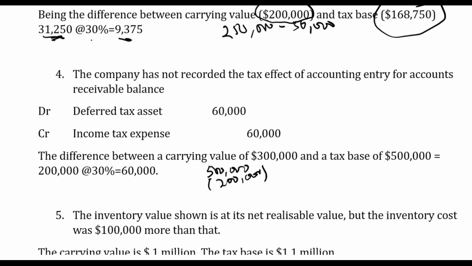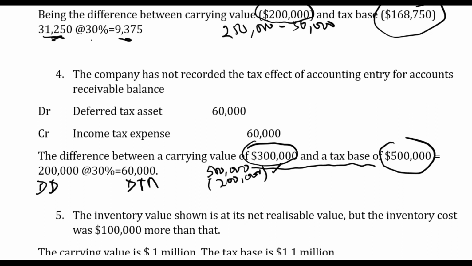Our carrying amount therefore is 300,000. But the tax base is its cost, 500,000. Carrying amount is less than the tax base by 200,000. So this is a deductible difference. Applying the tax rate gives us the deferred tax asset. We debit deferred tax asset 60,000, and we credit income tax expense 60,000.